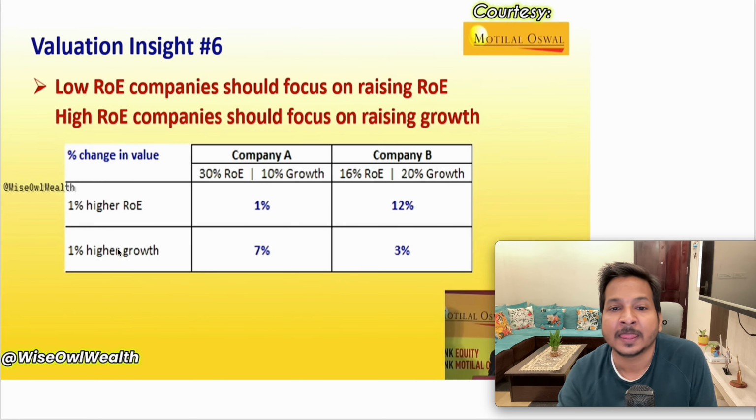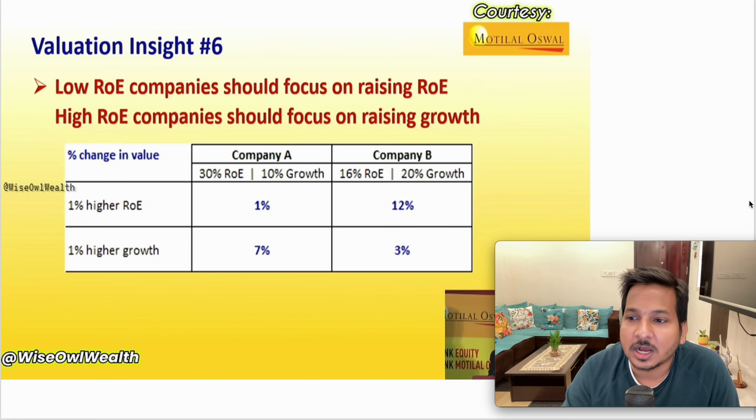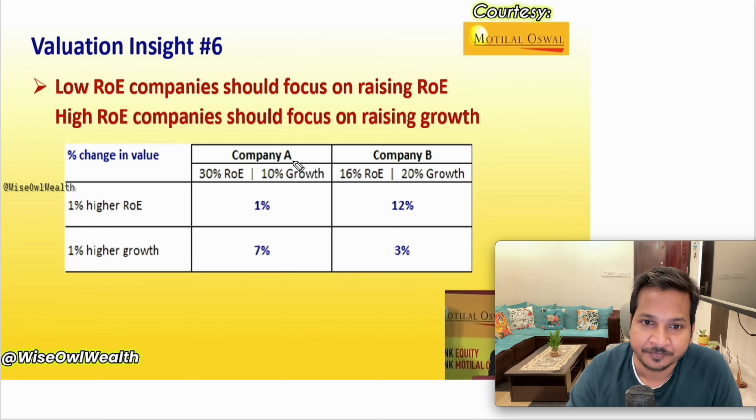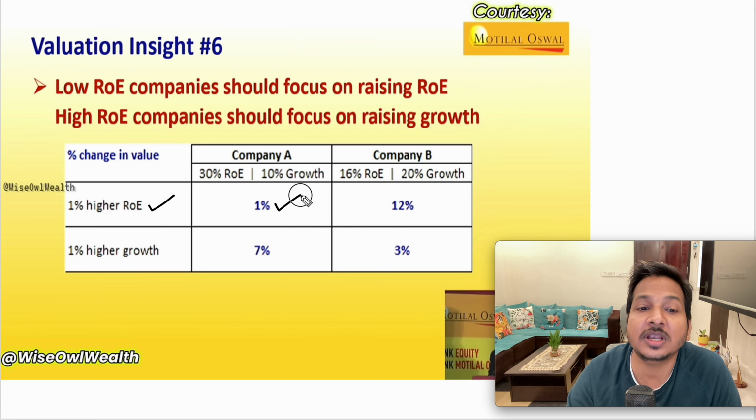Next highlight. Suppose company A is having 30% ROE and growth rate is only 10%. And there is another company where ROE is less but growth rate is more, 20%. So what should be the focus of these companies? Company A, if it increases ROE by 1%, its value will increase only by 1%, because a high ROE is already there.